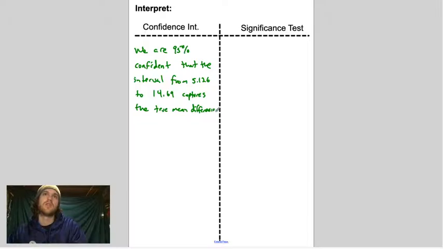I mean, this is crucial, right? Being able to put this in context.